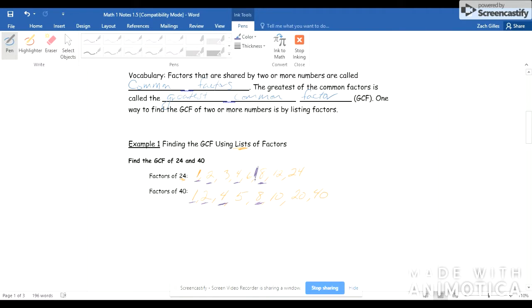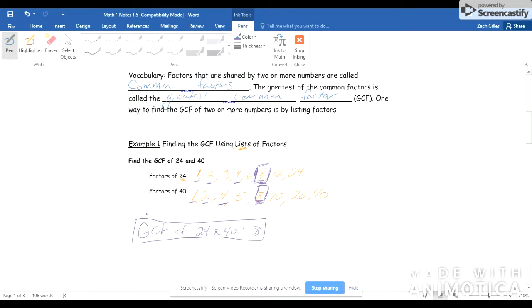The greatest common factor is 8. Okay, so when I write out my answer here, I would write it as the GCF, the greatest common factor of 24 and 40, colon, is 8. This would be my answer.